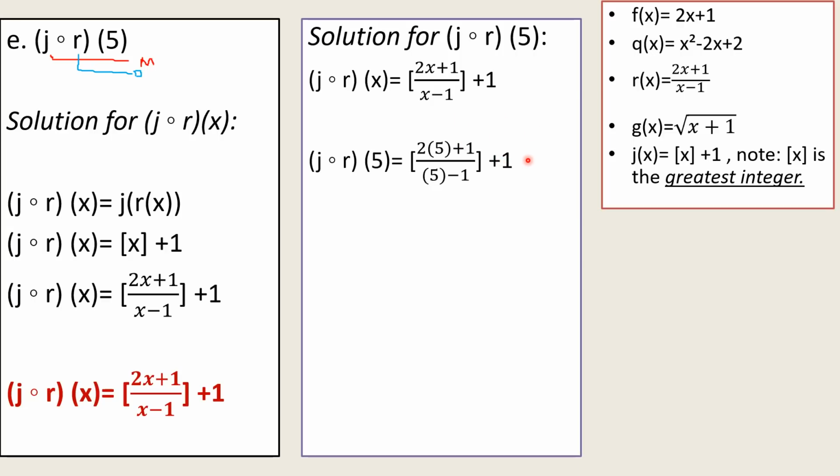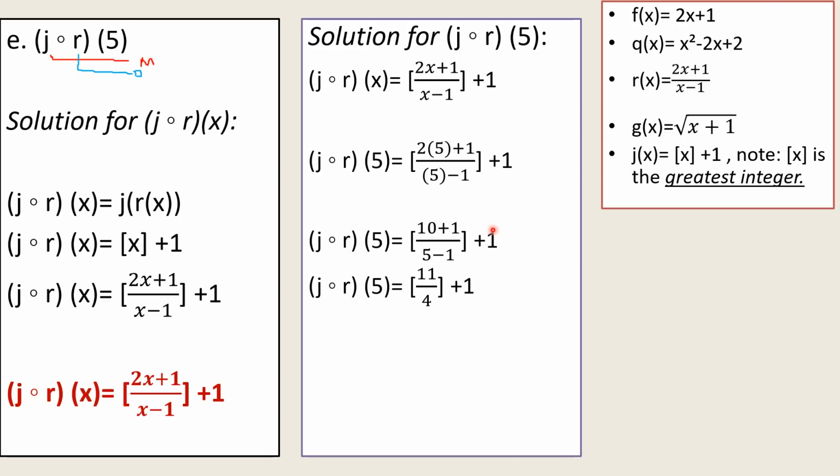Okay? Then, simplification na. Ayan. So, J of R, or composition of J and R, when x is 5, is equal to what? 2 times 5, 10, plus 1, all over 5 minus 1. Tapos, plus 1. Okay?